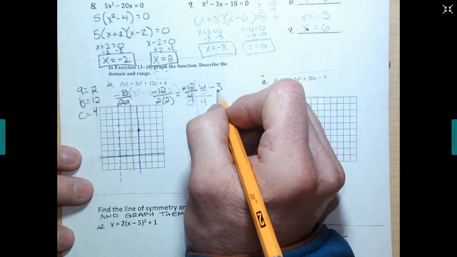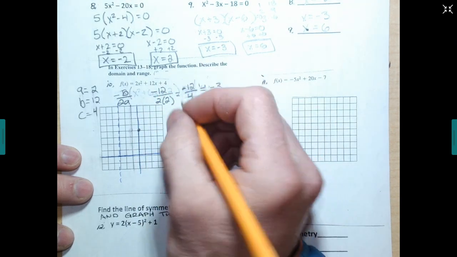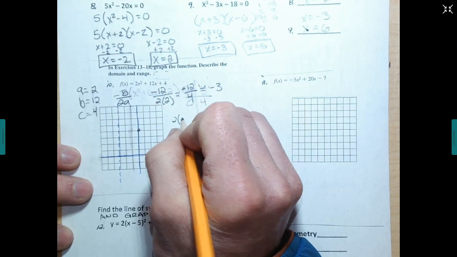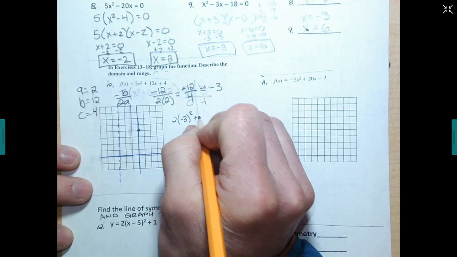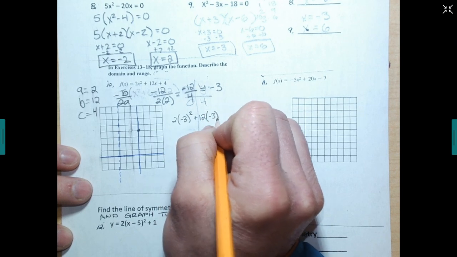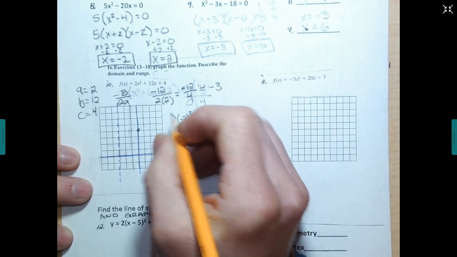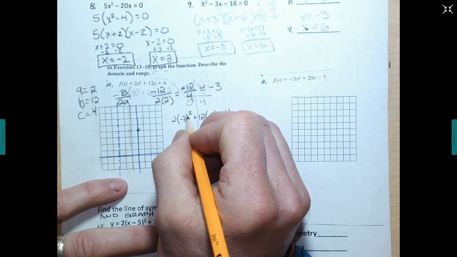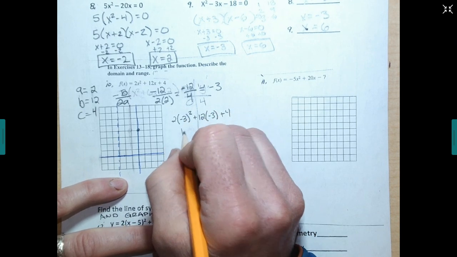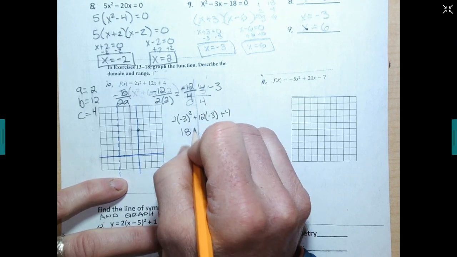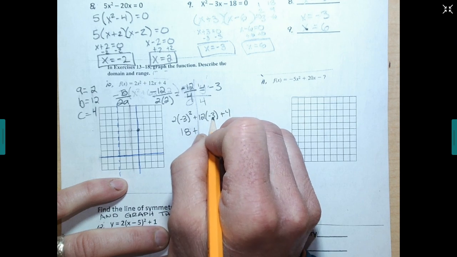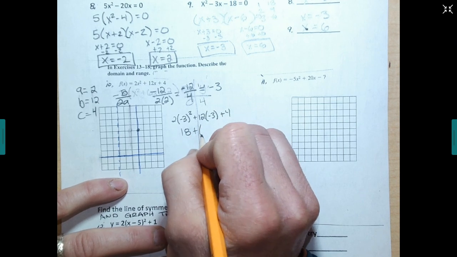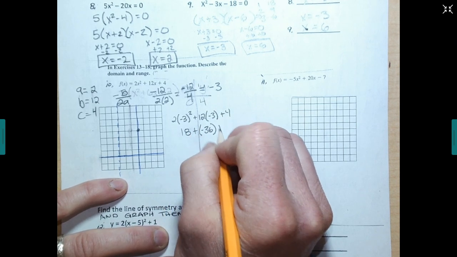So now I'm going to plug this -3 in to find my vertex. So I have 2 times -3 squared plus 12 times -3 plus 4. So -3 squared, that's 9, times 2, so that's 18. And then -3 times 12 is -36 plus 4.